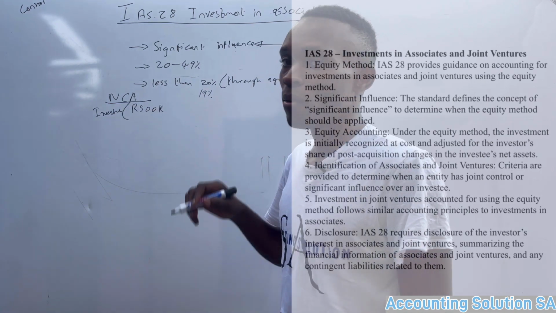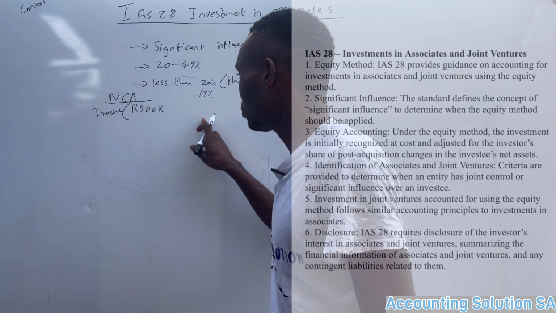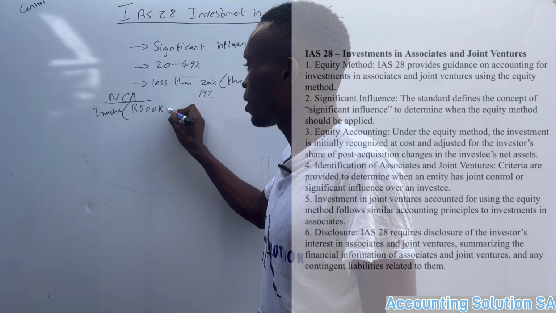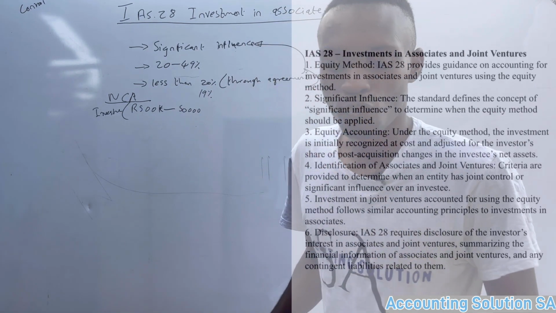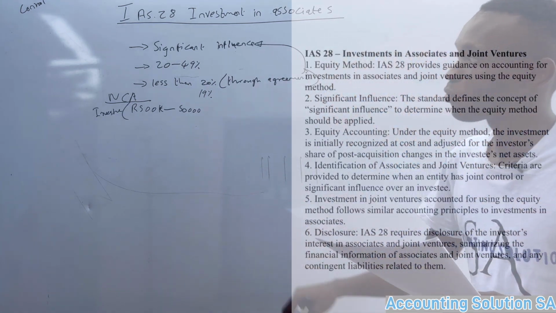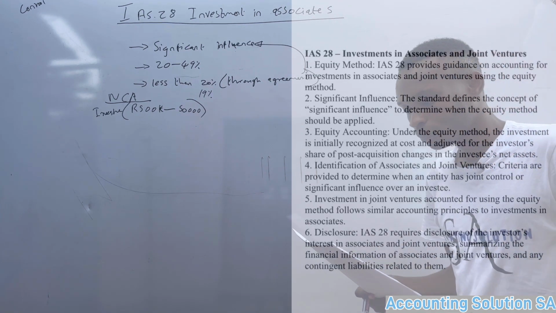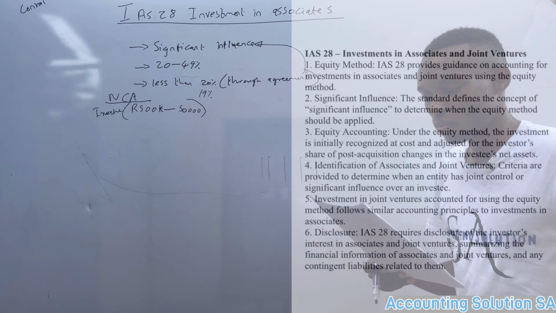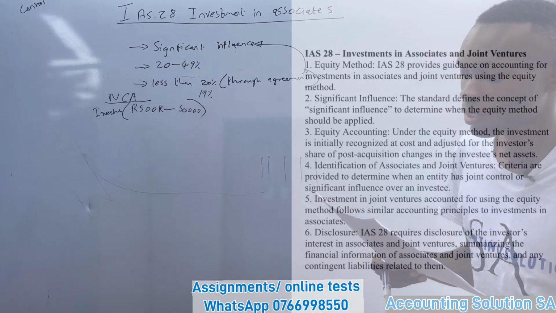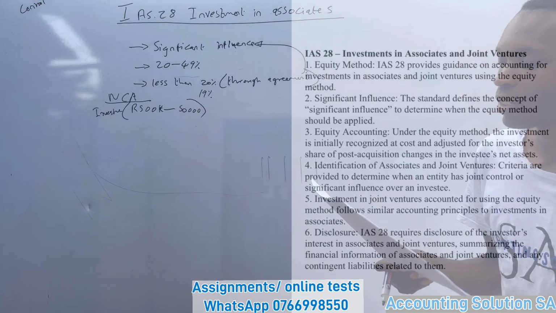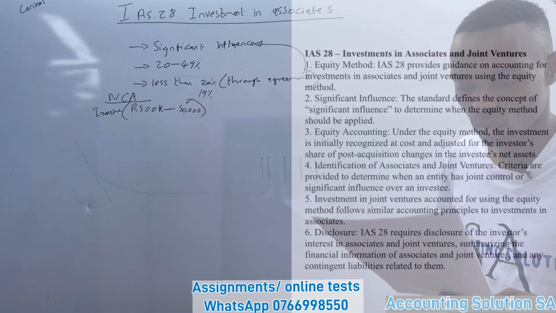But this amount is going to be adjusted. For example, if this company paid a dividend, we are going to subtract, which means the investment is going to be reduced. This is what they mean by adjusted for the investor's share of post-acquisition change in the investee's net assets. The share is obviously the one I was talking about.